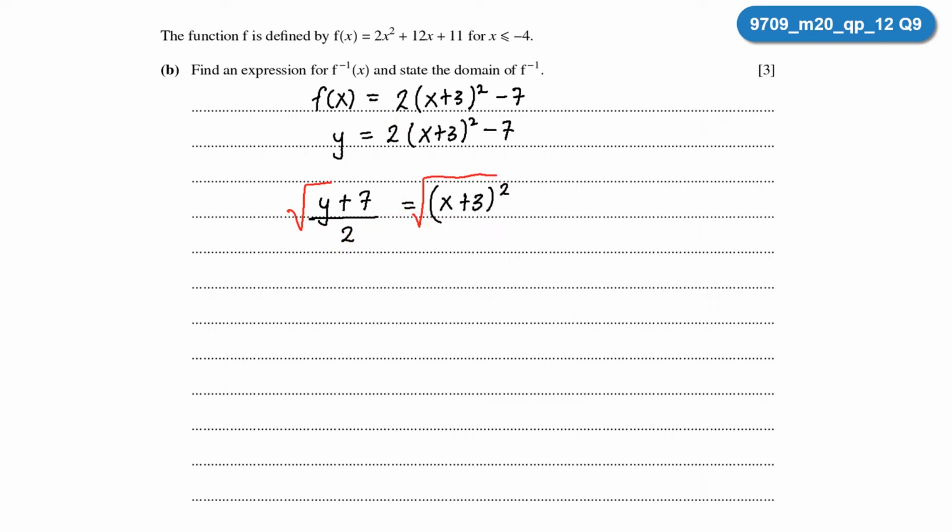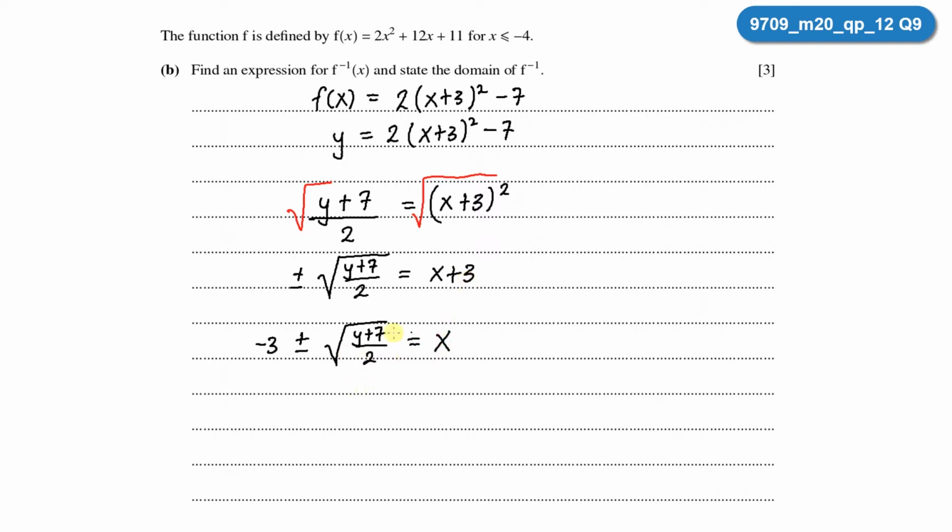If I do so, I'll be having plus or minus the square root of y plus 7 over 2 is equal to x plus 3. And finally, I'll subtract 3 from both sides. So minus 3 plus or minus the square root of y plus 7 over 2 is equal to x remaining.